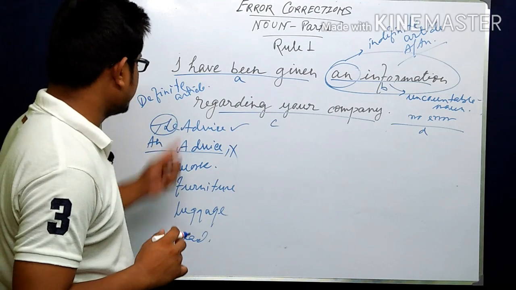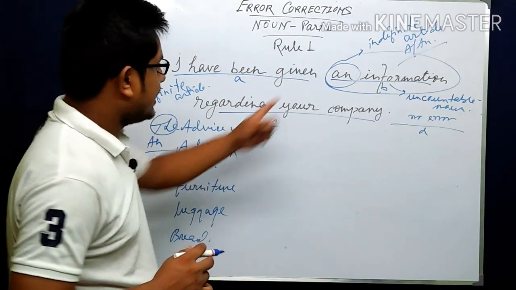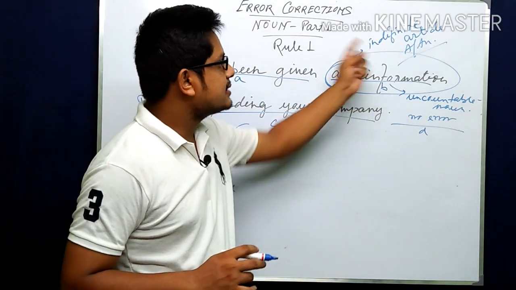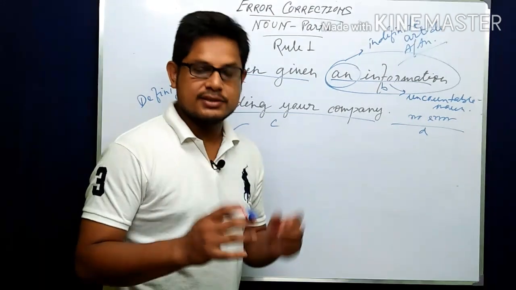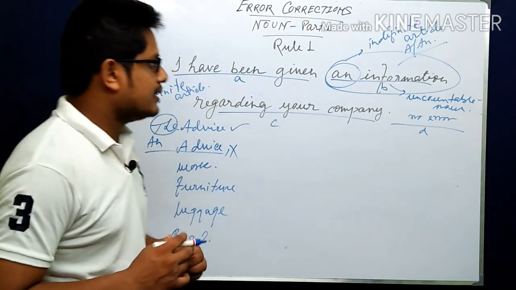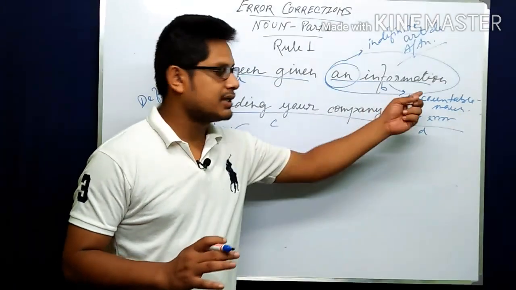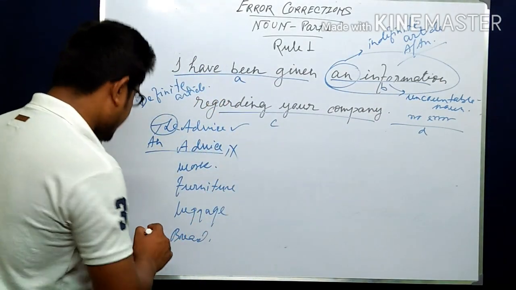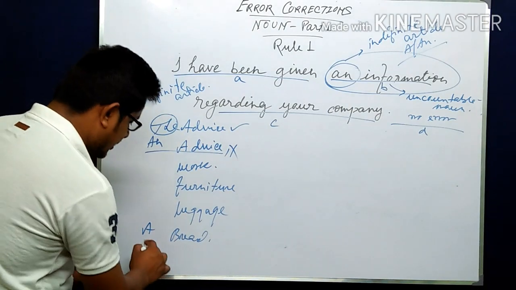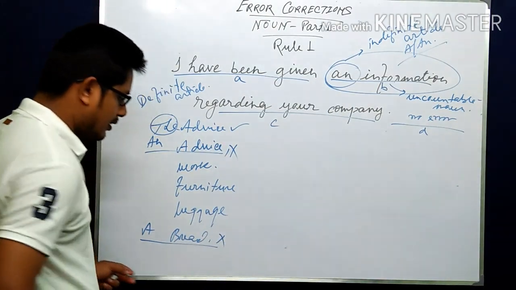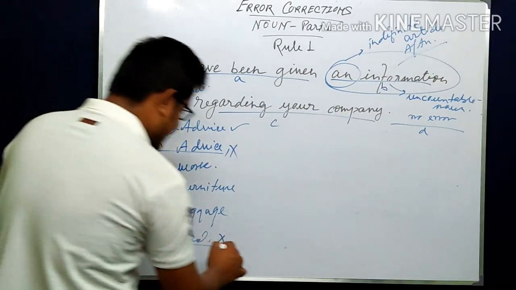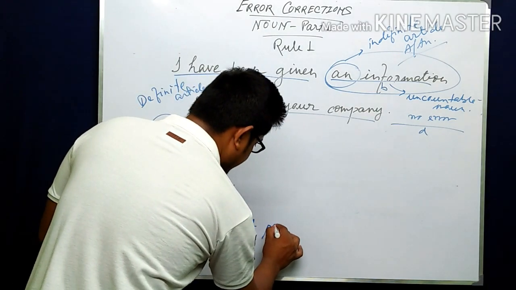But a and an are indefinite articles. So rule number 1 is that an indefinite article cannot be used before any uncountable noun. You cannot write a bread. If you write a bread, then it would be wrong. But you can write a piece of bread.